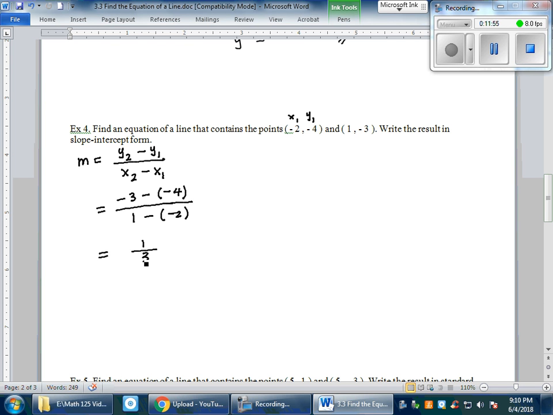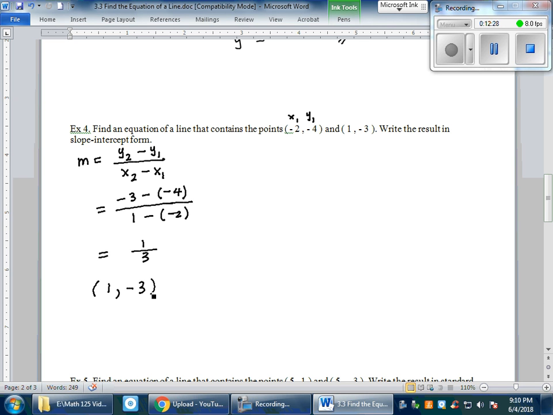Now you have a choice of which point you want to use to continue. Notice that the first point has both negative signs, so I will use the second point so that hopefully I make fewer mistakes. But in the end, no matter which point you use, you will come out with the same line, the same equation, because both points are on the same line.